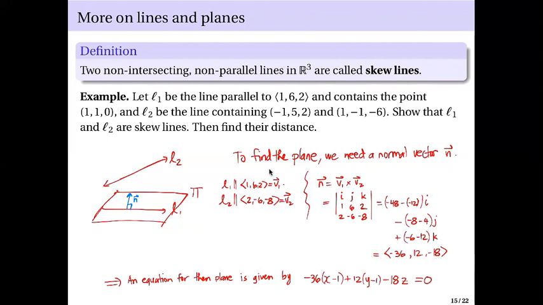Now you have the plane pi. The last thing to do now is to get the distance of the plane pi from L2, or vice versa. Distance of L2 from plane pi. Okay? So let me label this as your pi.